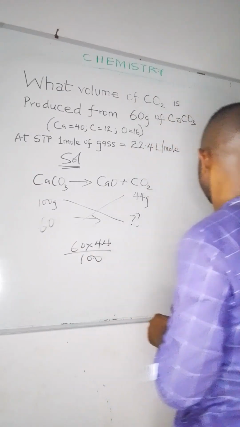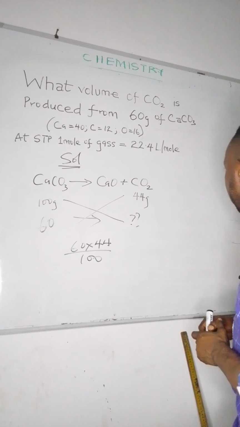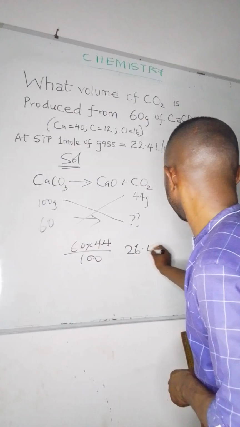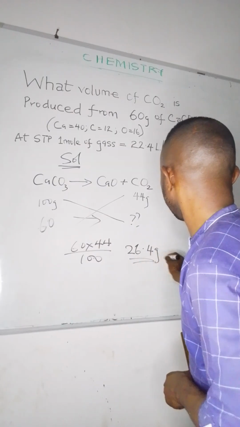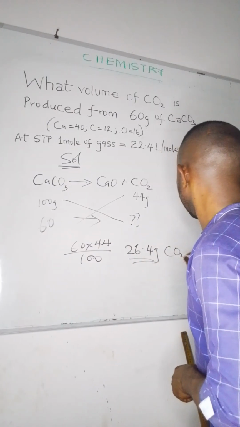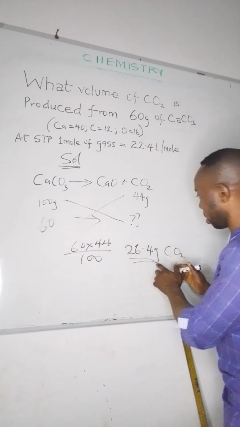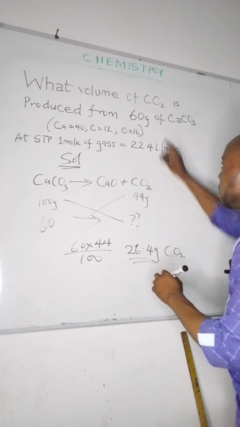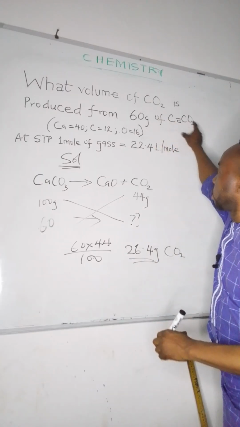When you do it on your calculator, you will get an answer of 26.4 grams of carbon dioxide. So this is the mass of carbon dioxide that will be produced from 60 grams of calcium carbonate.